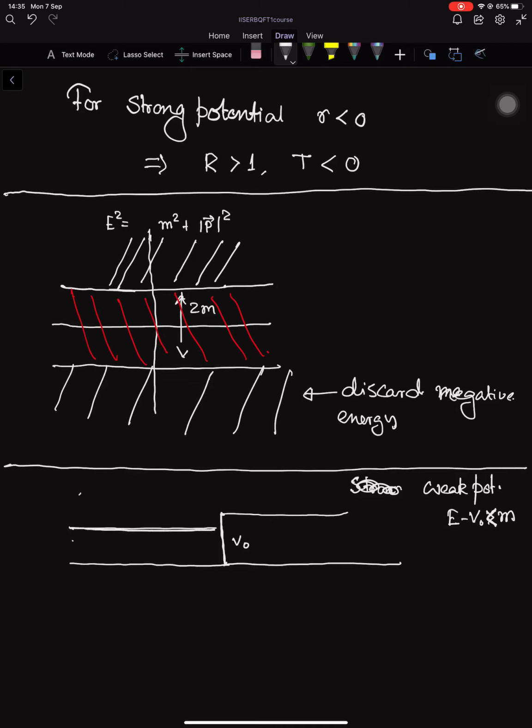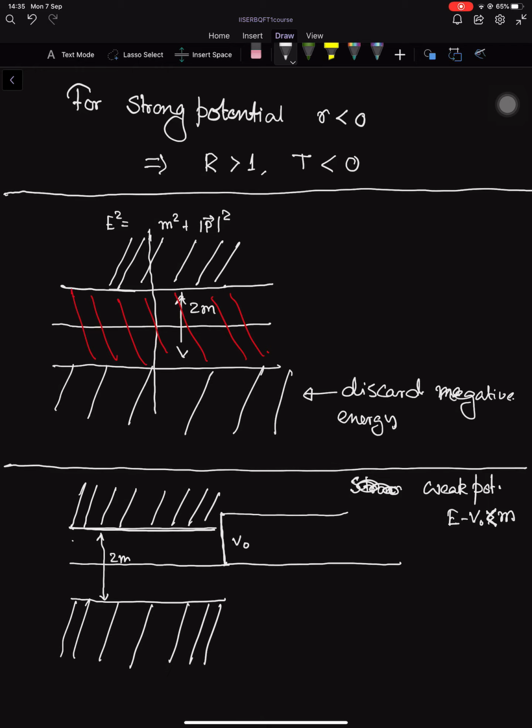Which means that in this part, the allowed energy value is something like this. It's not completely symmetric, so let's draw it in the symmetric way. So this is my 2m. So this is my energy level.